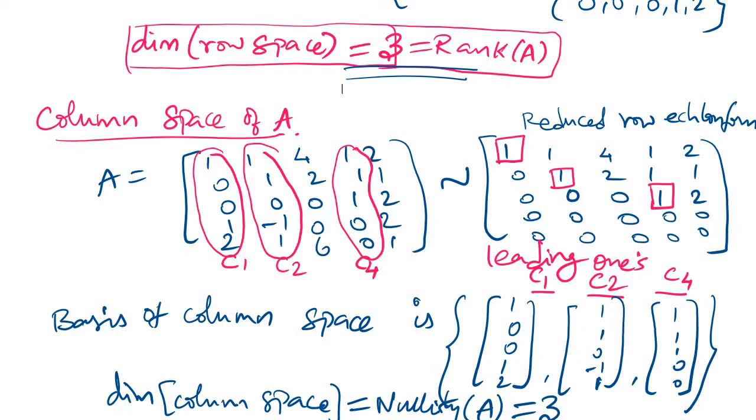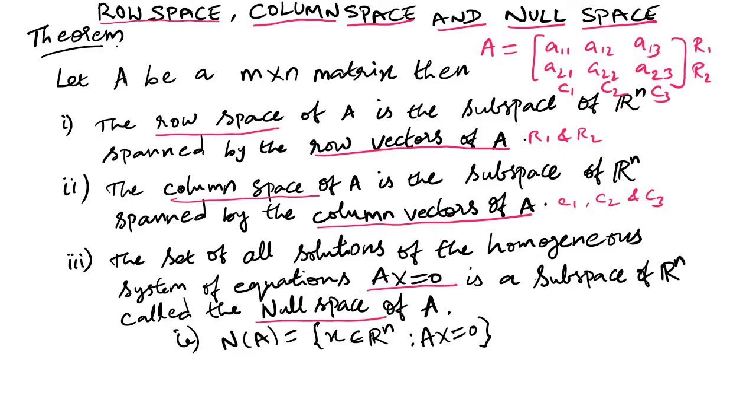Now we are going to find the null space. So as I said earlier, look at point number 3. The set of all solutions of the homogeneous system of equations Ax equal to 0 is a subspace of Rn called the null space of A. We have to find the solution of the system of equations Ax equal to 0.